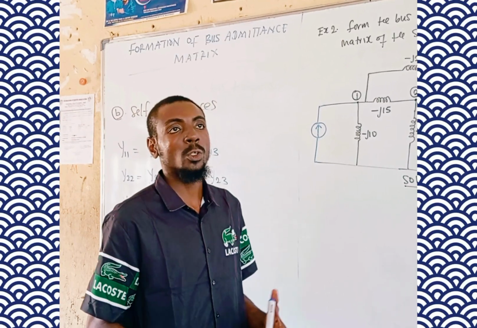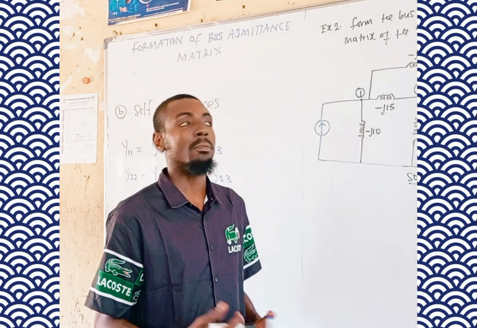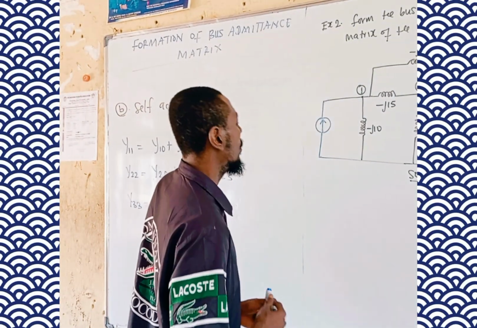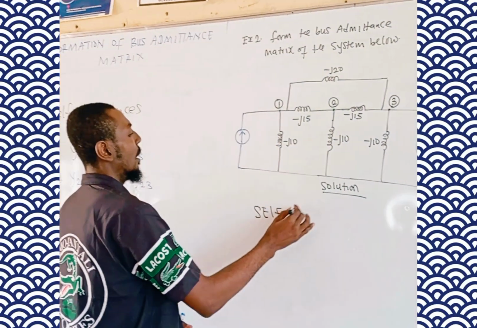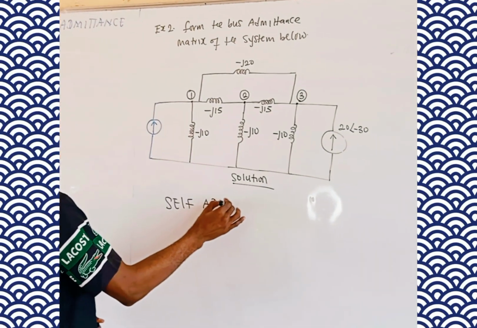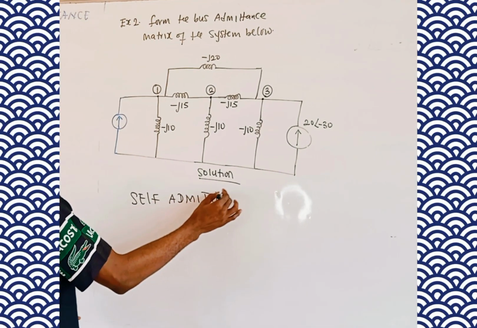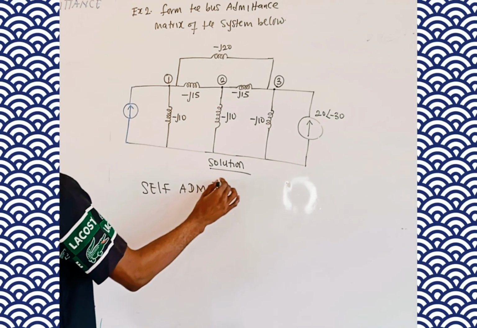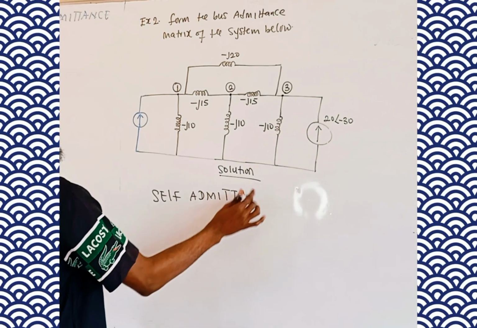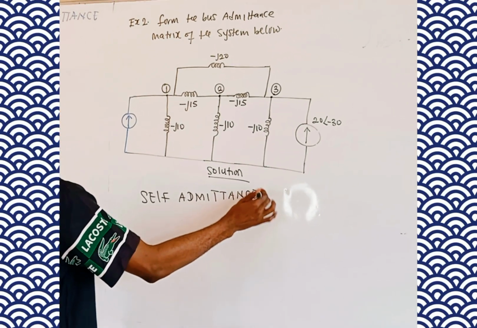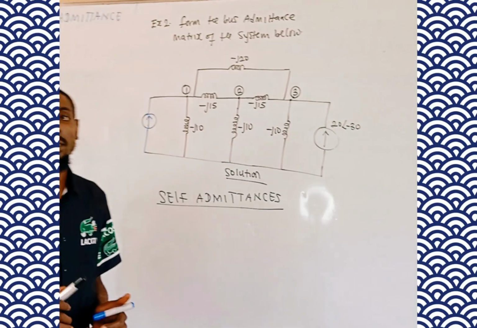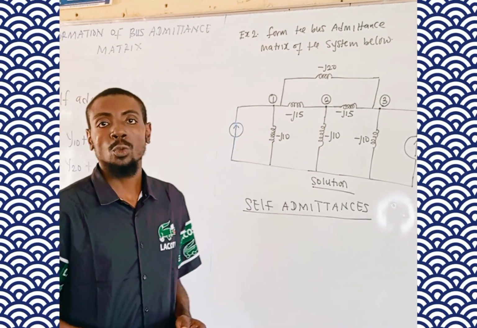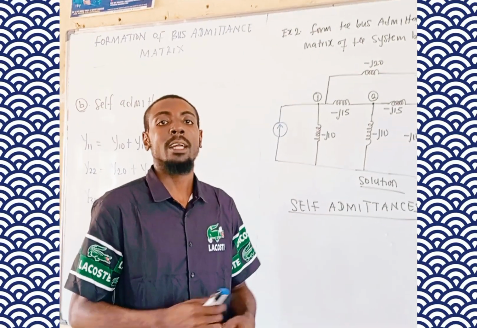So the first thing I'm going to talk about is the self-admittance. In terms of self-admittance, all admittances connected to bus 1 are called the self-admittance.